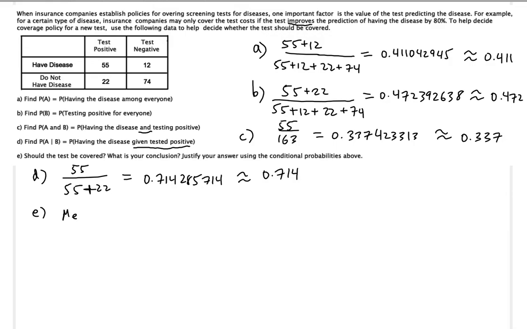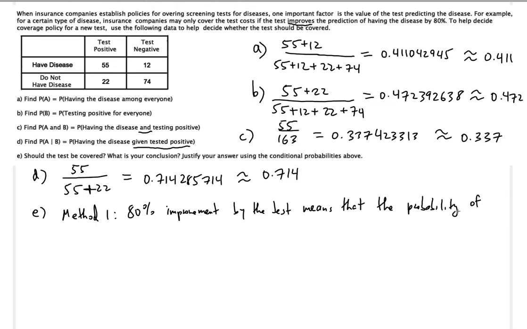method 1 of solving this is to understand how you're going to express 80% improvement in mathematical terms. So 80% improvement by the test means that the probability of having the disease is 100%, right?